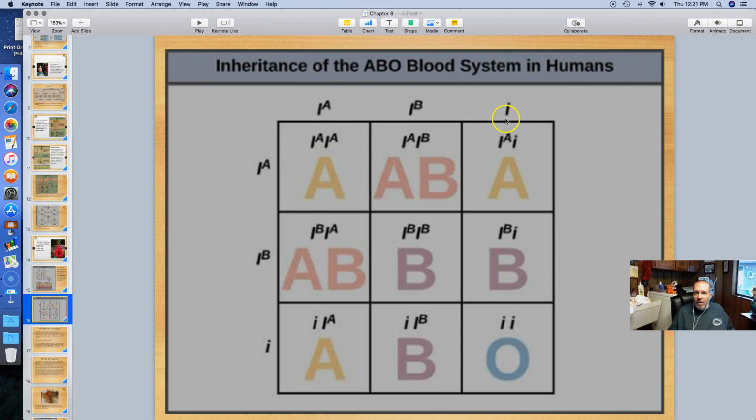It's not an A or a B. As long as one of these alleles is present, if A is present in any shape or form, the blood type is A. This parent would donate an A allele. This one is basically donating nothing. I mean, it's something, but for now, just think of it as nothing.